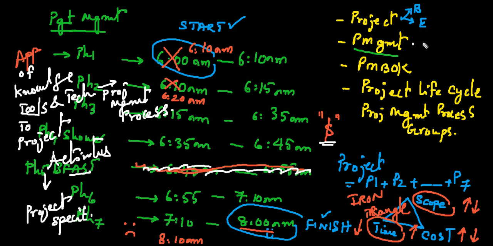So what's a project? What's project management? It is the application of knowledge, tools and techniques to project activities in order to meet specification, to be on time, to complete your scope, and to be on budget. Hope this much is clear.